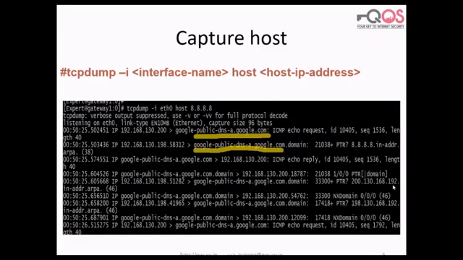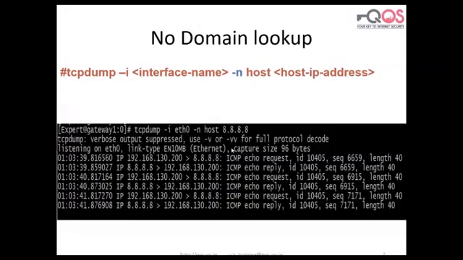If you are troubleshooting, you generally want to avoid that and focus completely on IP addresses. To do that, just put -n. The rest of the command is exactly the same, and you'll start getting the IP addresses. So instead of the Google domain, you get the exact IP address. Okay, so this is clear.